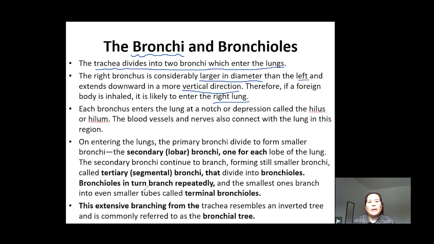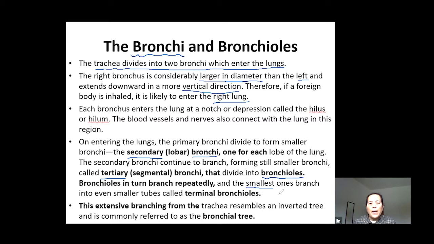After they go inside the lung, they get smaller. So we have secondary bronchi and even smaller ones. When they have a few branches, we call them bronchioles. They still branch, going smaller again.